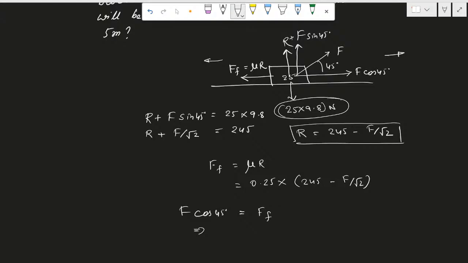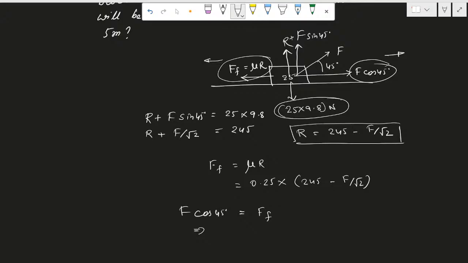So the F cos 45 component of the force, in equilibrium condition, will be equal to mu into R. That is the frictional force.